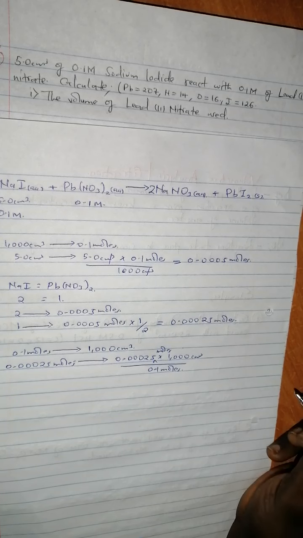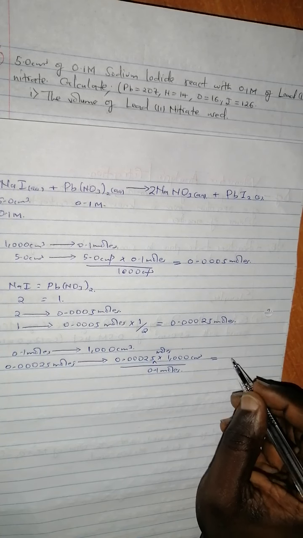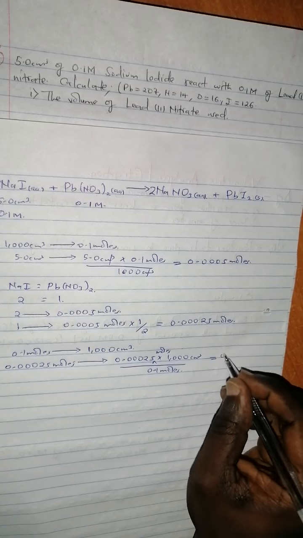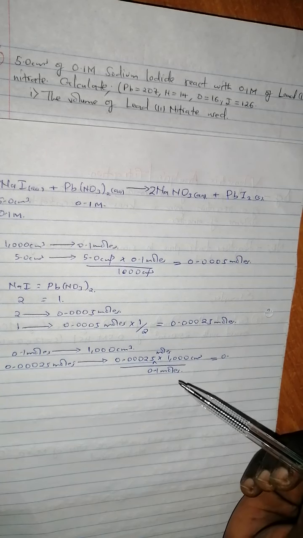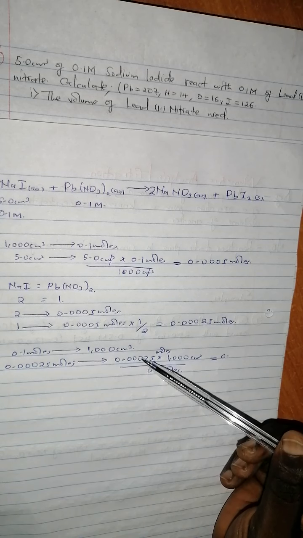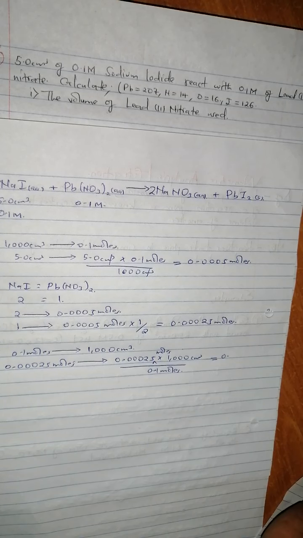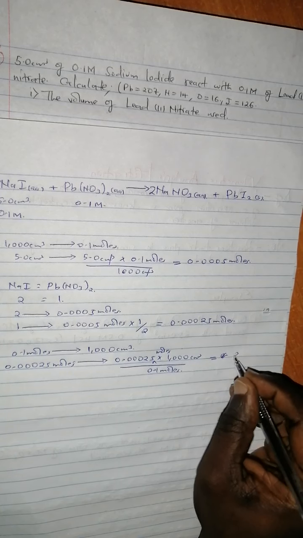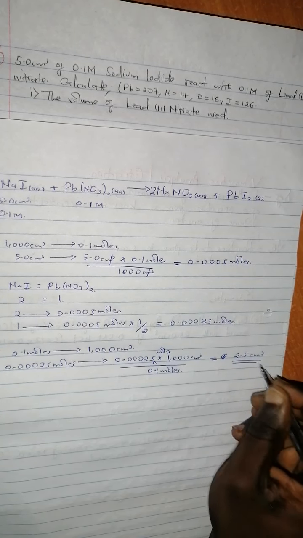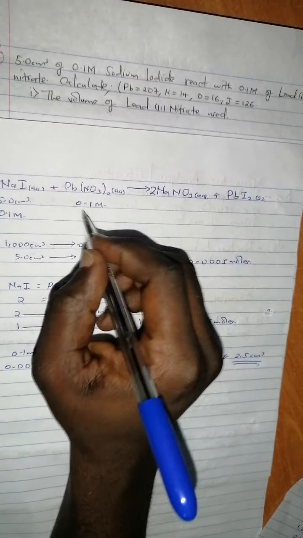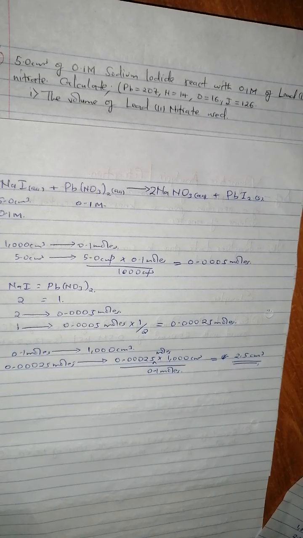When I do that in my calculator, 0.00025 times 1,000 divided by 0.1 will give me 2.5 cubic centimeter. So this will be the volume of lead nitrate that will be used.